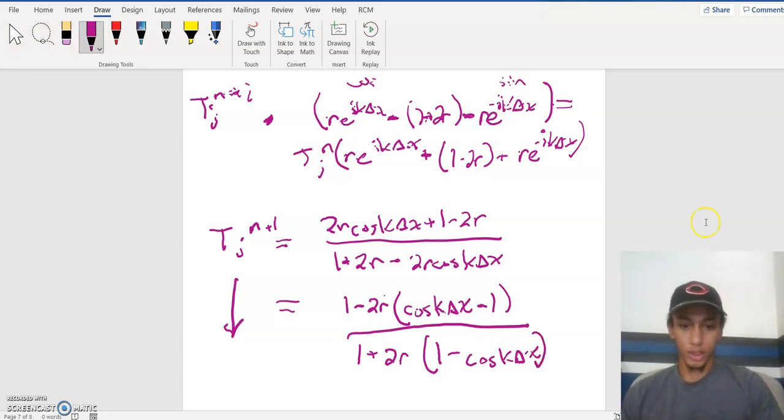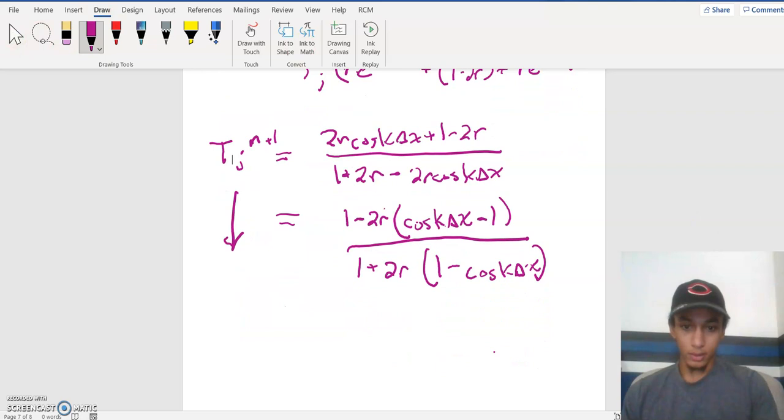And we can change a sign here. So for one of these things, which one should I change, top or bottom? I want a 1 minus cosine delta x, so I'll have to change it up here. So we times this by negative 1. And when we do that, we're going to get plus, minus.